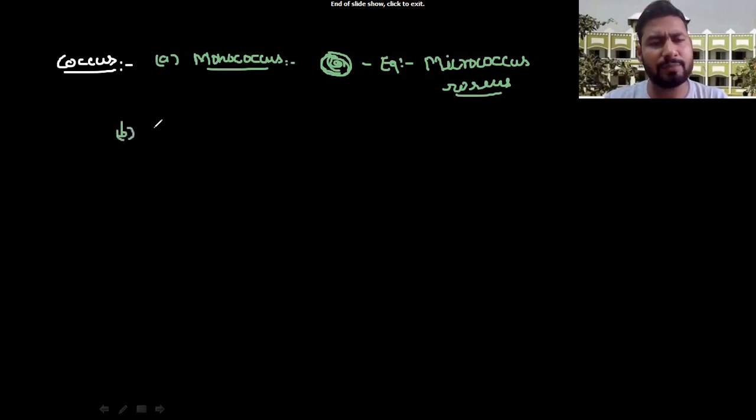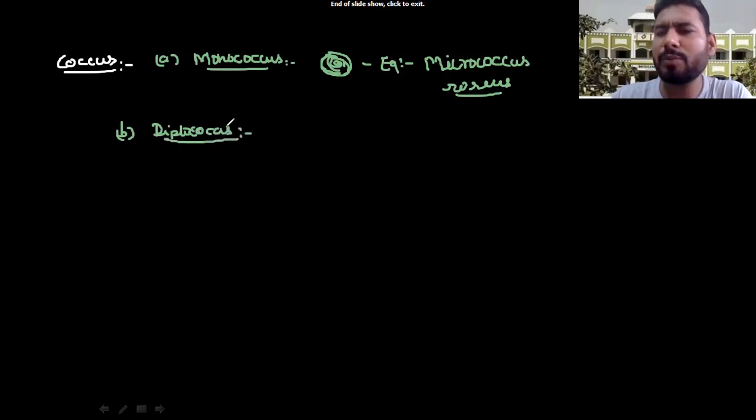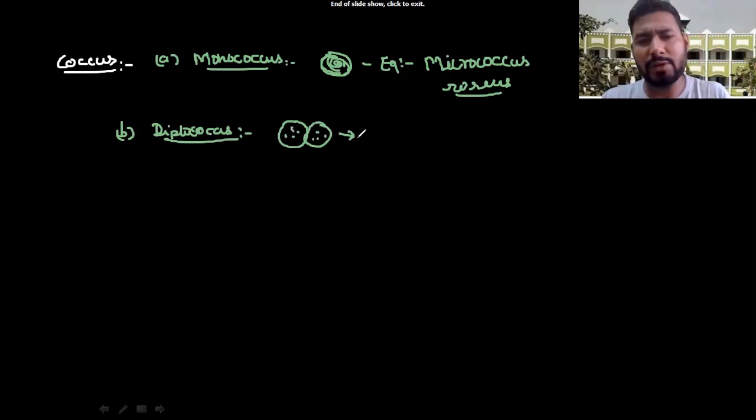Second is B. B will be the diplococcus. Diplo means two. If there is one bacteria, here there are two bacteria. They are found in this way. This is called the diplococcus. The example you know very well is Diplococcus pneumoniae.